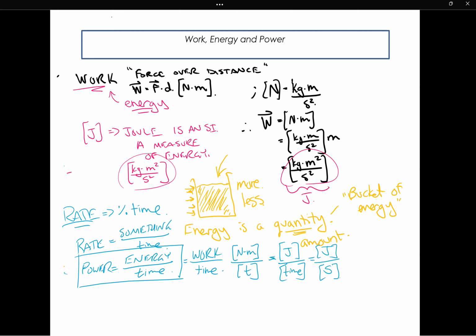So therefore, power is measured in joules per second. But the base SI units for a joule is a kilogram meter squared per second squared. And we're going to divide that by another second, which gives us kilogram meter squared per second cubed. This is a base SI unit.